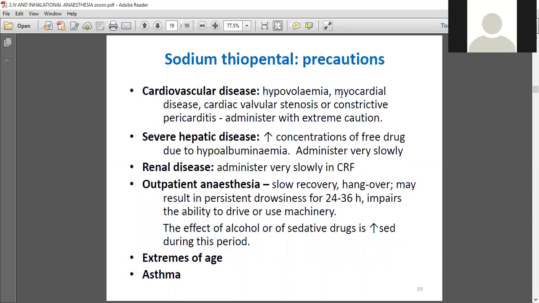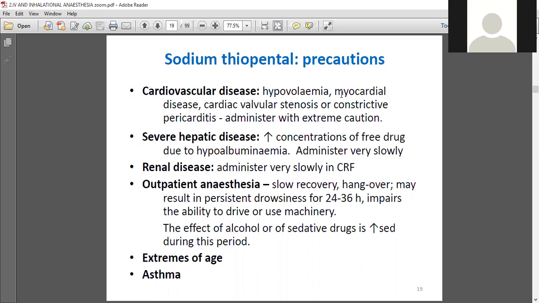Then precautions: there are contraindications where you can give the drug, but with precaution. In cardiovascular disease, if the patient has hypovolemia, myocardial disease, valvular stenosis, or constrictive pericarditis, you administer the drug with extreme caution.